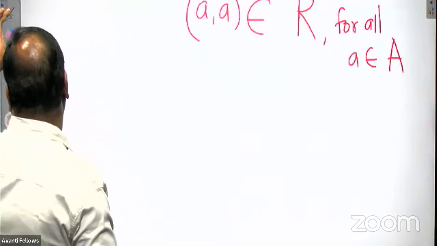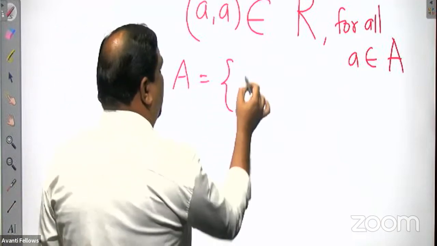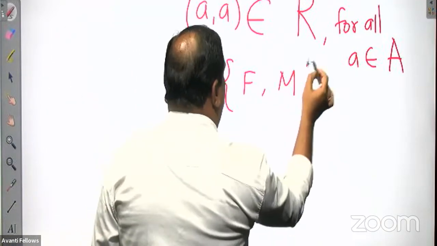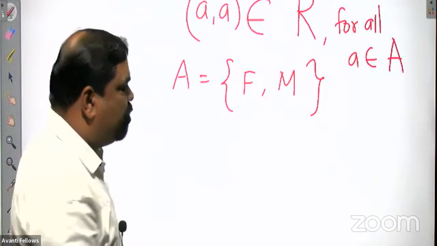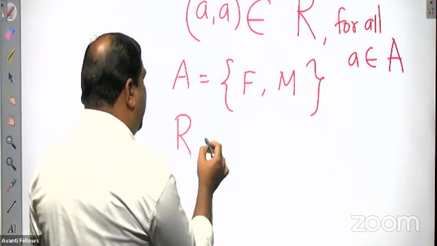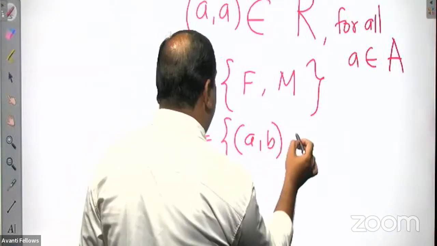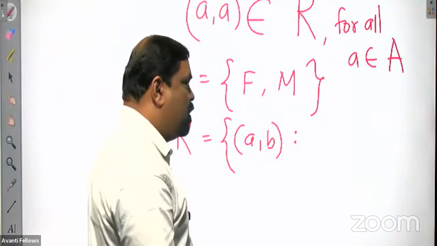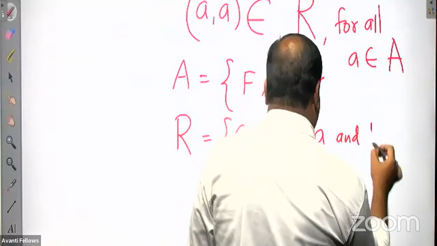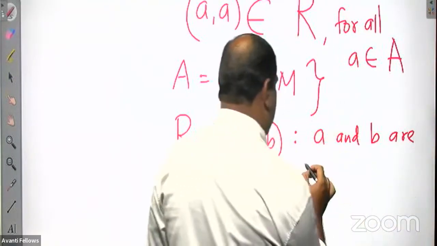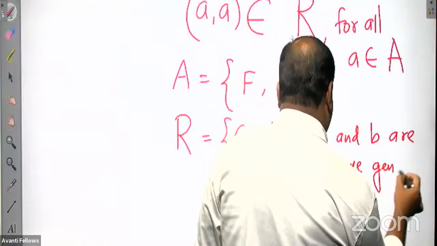For example, if I take my first set A as the set containing father and mother, and I define a relation R equal to the set of all ordered pairs (a, b) such that a and b are of the same gender.